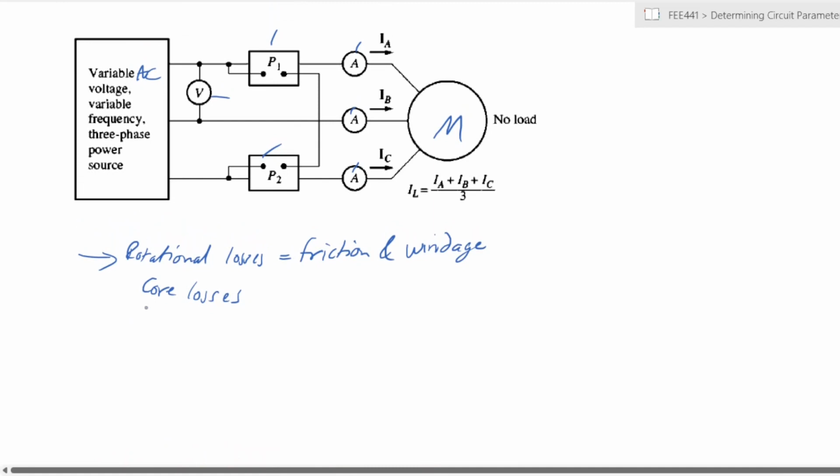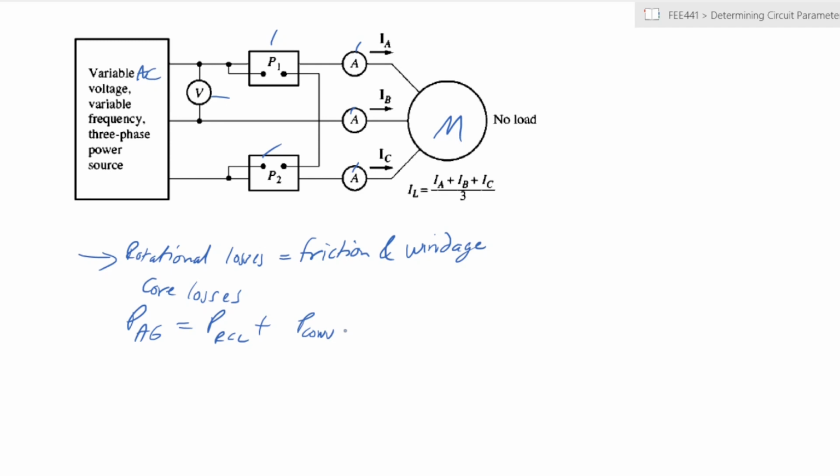Let's call it PAG. Air gap power, if you recall, is represented by both rotor copper losses and the converted power, the power that eventually becomes mechanical power, minus the rotor copper losses.